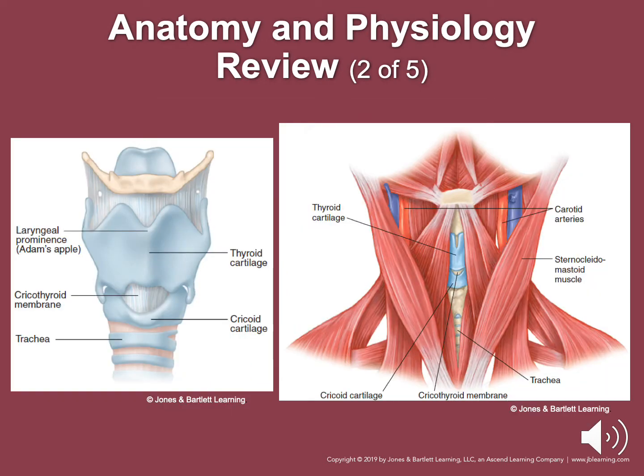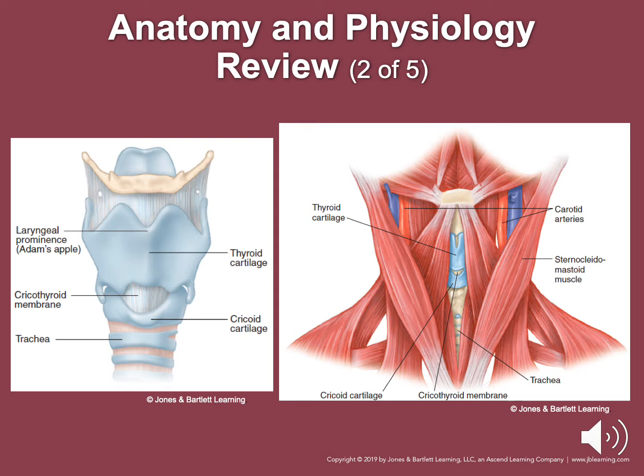Principal structures of the anterior region of the neck include the thyroid cartilage, cricoid cartilage, the trachea itself, and numerous muscles and nerves. Cricoid cartilage is a firm ridge of cartilage found below the thyroid cartilage. The cricothyroid membrane joins the thyroid cartilage and cricoid cartilage.